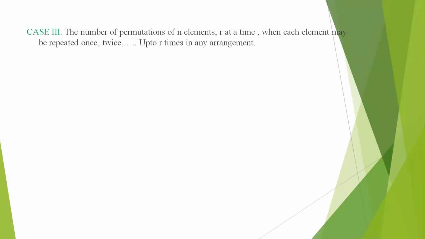Let's take case 3 here. The number of permutations of n elements taken r at a time, when each element may be repeated once, twice, thrice, up to r times in any arrangement. In this case, the first place may be filled in n ways, and when it has been filled in any one way, the second place may also be filled in n ways, since we are not restricted from using the same element.